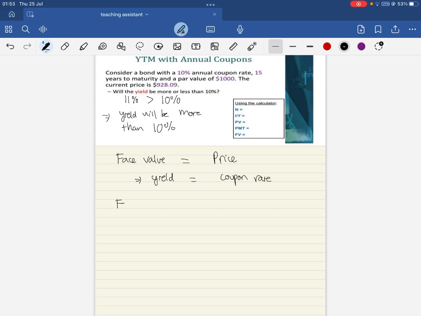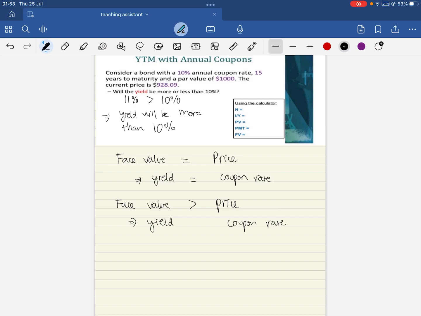If the face value is greater than the price, so the yield and the coupon rate, what is the relationship?